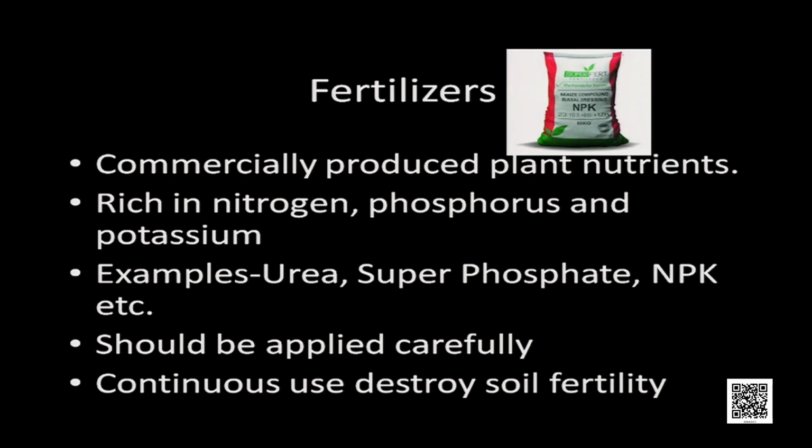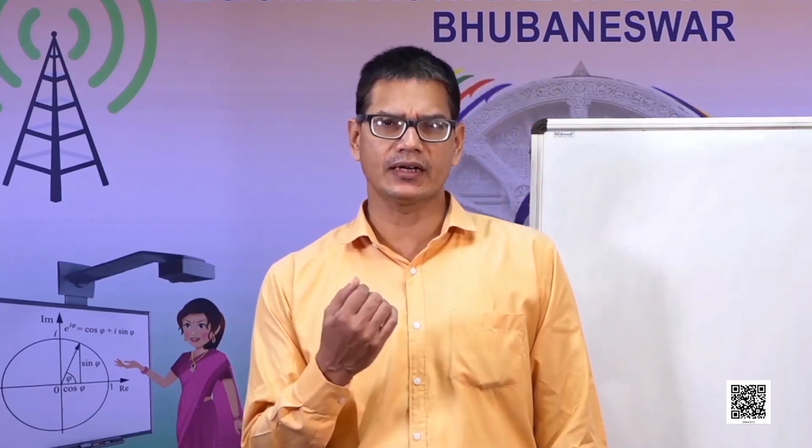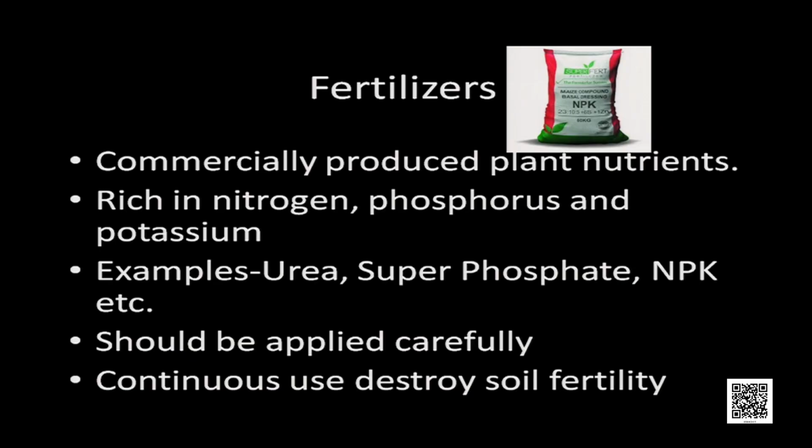Now, next one is fertilizers. As you read in class 8, fertilizers are chemical substances. They are commercially produced plant nutrients, and they are rich in only specific nutrients like nitrogen, phosphorus, and potassium. Examples of fertilizers are urea, superphosphate, NPK, etc. And they should be applied very carefully, otherwise they may harm the crop.